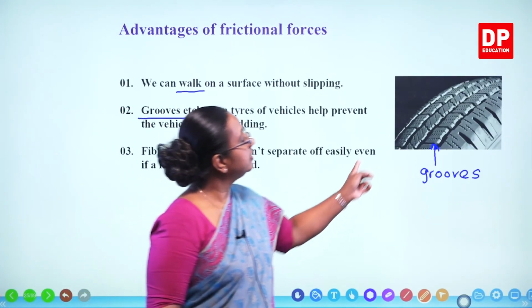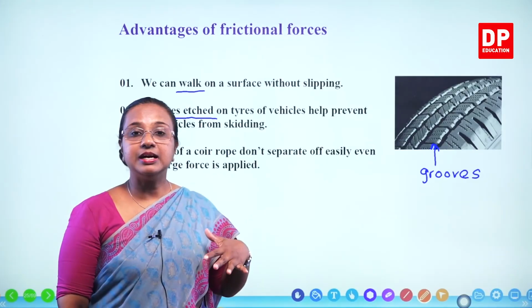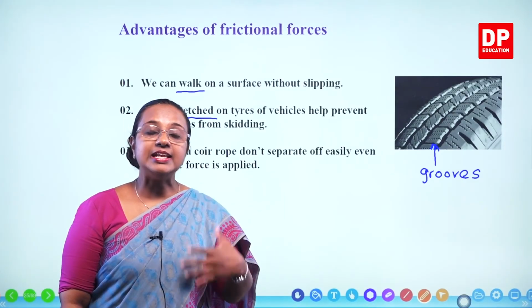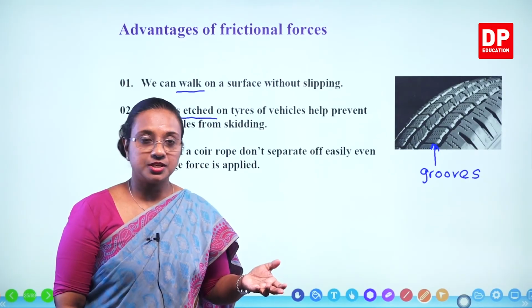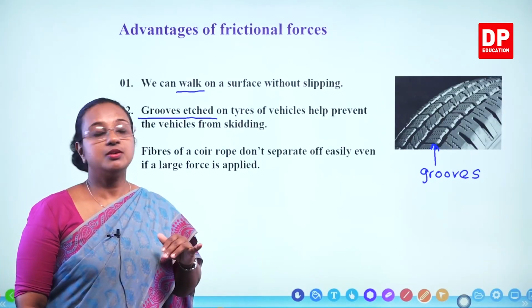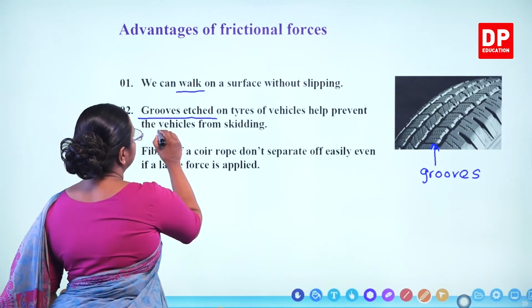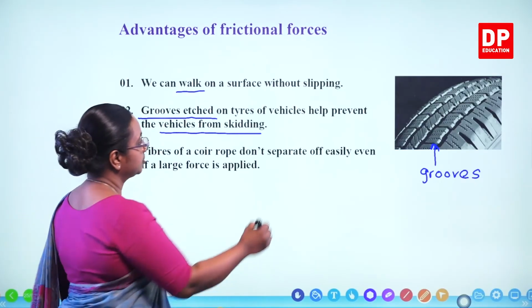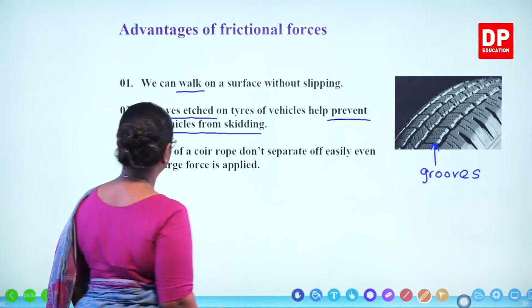And also these grooves make the vehicle tire, the surface of the tire, rough. So that increases friction. Therefore, the vehicle can move on the road without skidding. Help prevent skidding. So it prevents skidding.